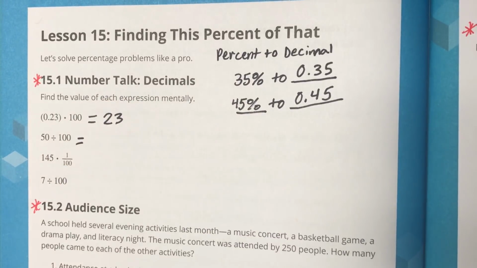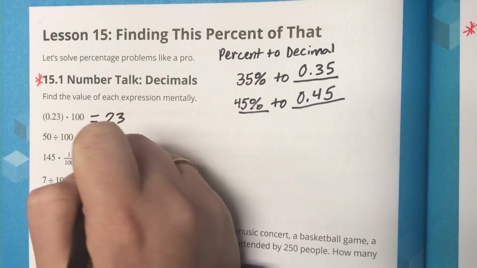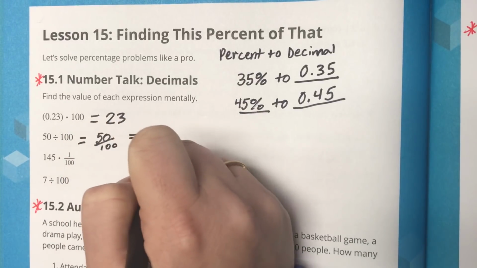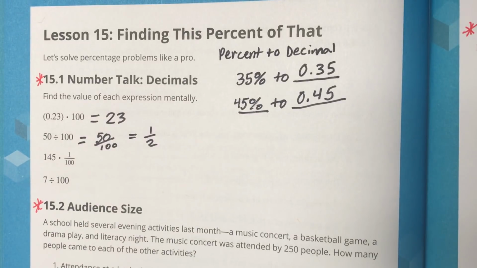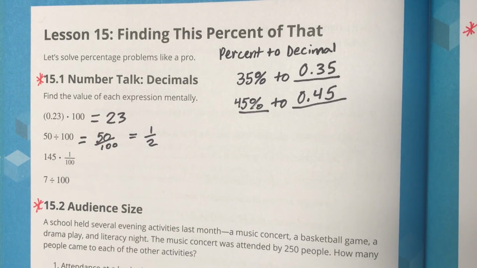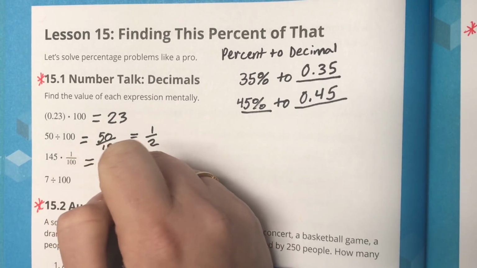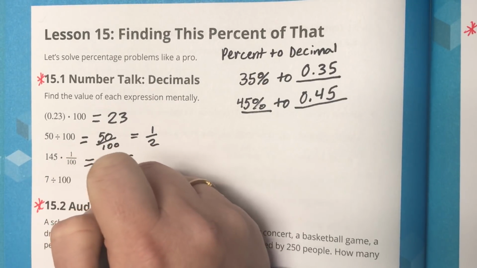Now 50 over 100, we can think of that as a fraction, 50 over 100. We know that's equal to 1/2. Next, 145 times 1 over 100. Well, again, we can think of it as a fraction, 145 over 100.